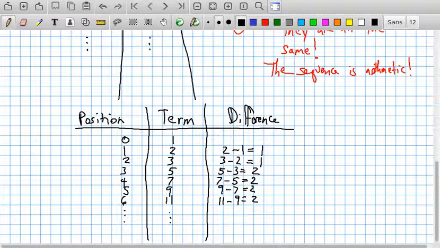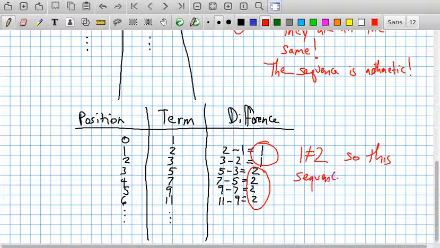And you look at it and you say, uh-oh. We've got two 1s, and we have lots of 2s. 1 is not equal to 2. So this sequence is not arithmetic. It's not an arithmetic sequence.